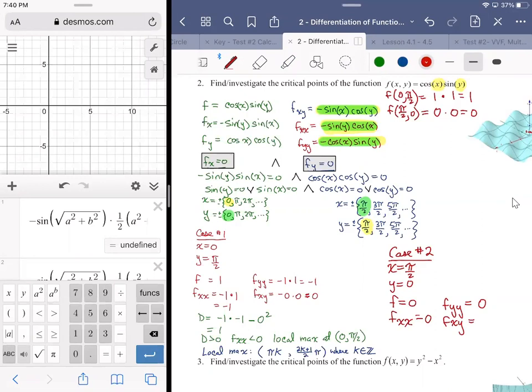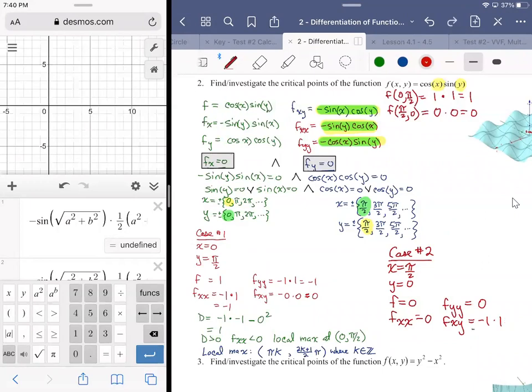Pop in a pi over 2 for x, I get a 1. Negated is -1. Cosine of the y value of 0, cosine of 0 is equal to 1. So we get a result of -1.